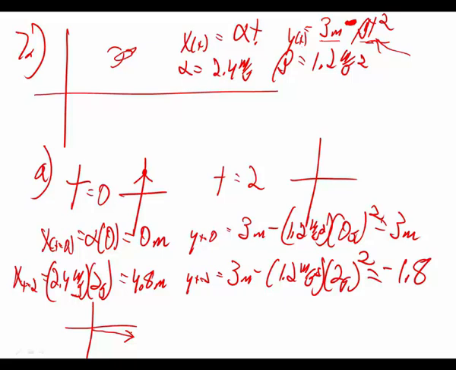Calculate the velocity and acceleration vectors of the bird as a function of time. Okay, so what would the velocity be? All right, well, we've got y with respect to t and x with respect to t. So how do I calculate velocity? I've got to do what to those functions?